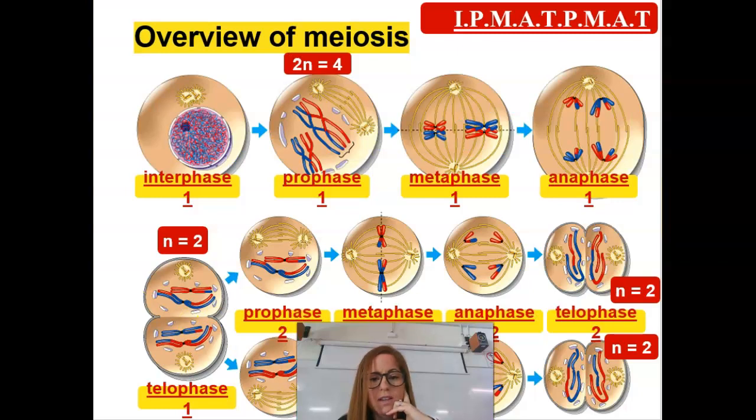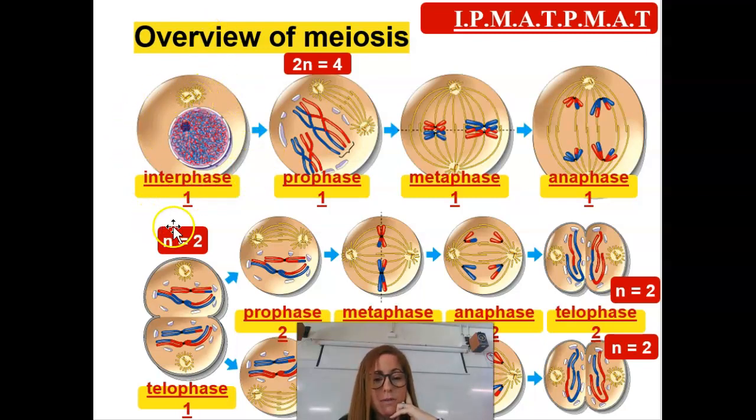And so here is an overview of meiosis. We're not going to spend too much time here, but it might be a good picture for you to go back and try to go through each picture and explain what's happening in each picture. The overview of meiosis is that interphase, where DNA is replicated, occurs at the very beginning, and it won't occur again.